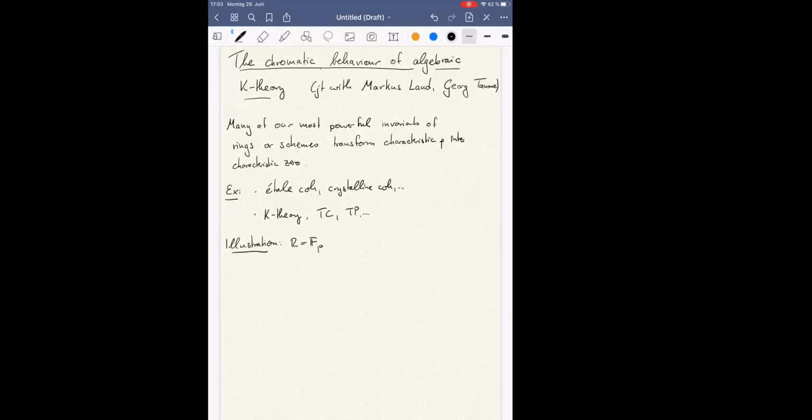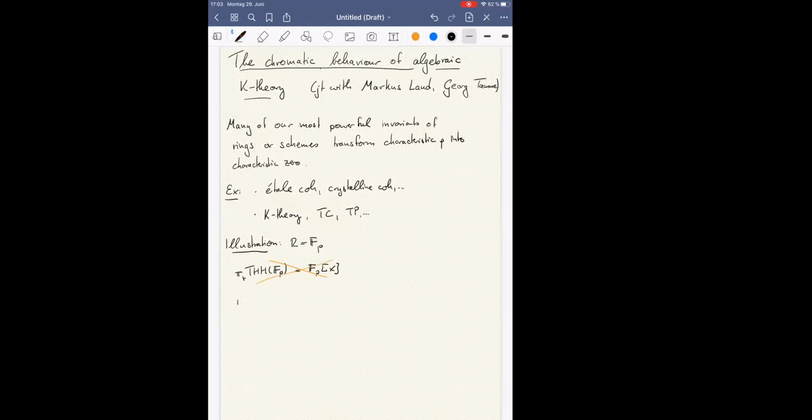So let's compare 3 different invariants of rings on the example of Fp. So there's THH of Fp, which I view as a spectrum here. So take the homotopy groups. It's a polynomial ring in one variable. So this does not transform characteristic P into characteristic 0, but it just stays characteristic P.